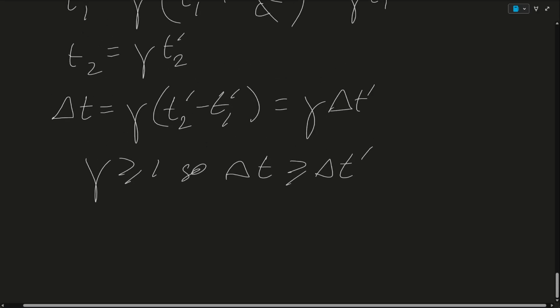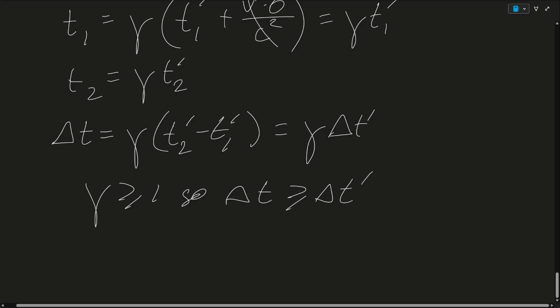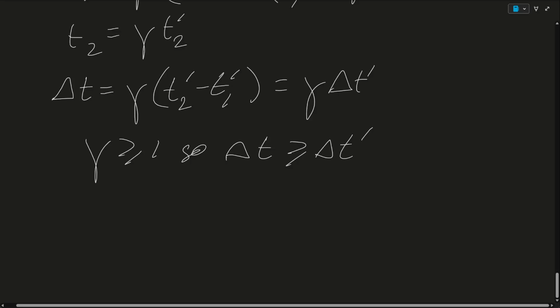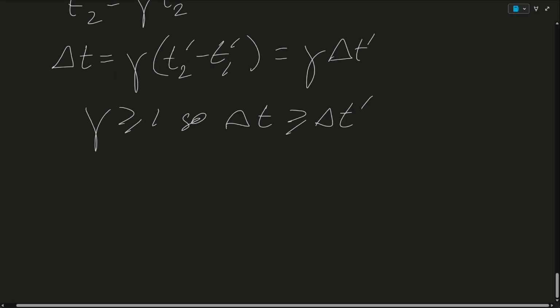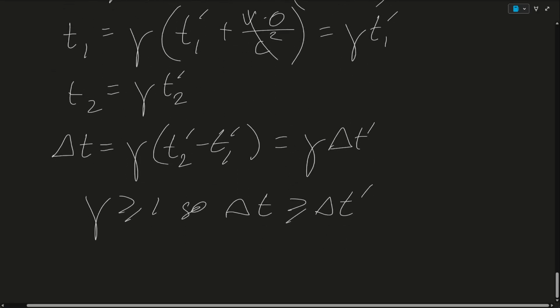What does that mean? Well, our time interval in our initial frame S is greater than the time interval in S dash. So our moving clock, our clock in S dash, is measured slower than in S. The clock in motion ticks at a rate that is reduced by this factor of gamma relative to our stationary clock S. And that's essentially Einstein's principle of time dilation.